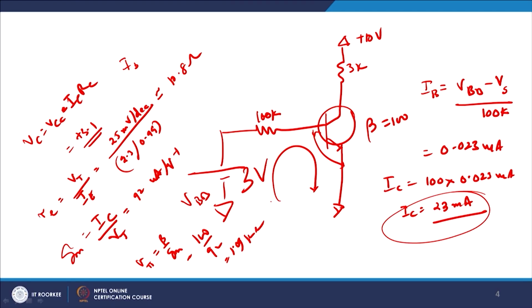This is how we do a small signal analysis as far as this course is concerned, and it gives you an idea about how small signal analysis works even for a single transistor, a BJT. These are a few areas in which people are working, and quite interesting work is going on.